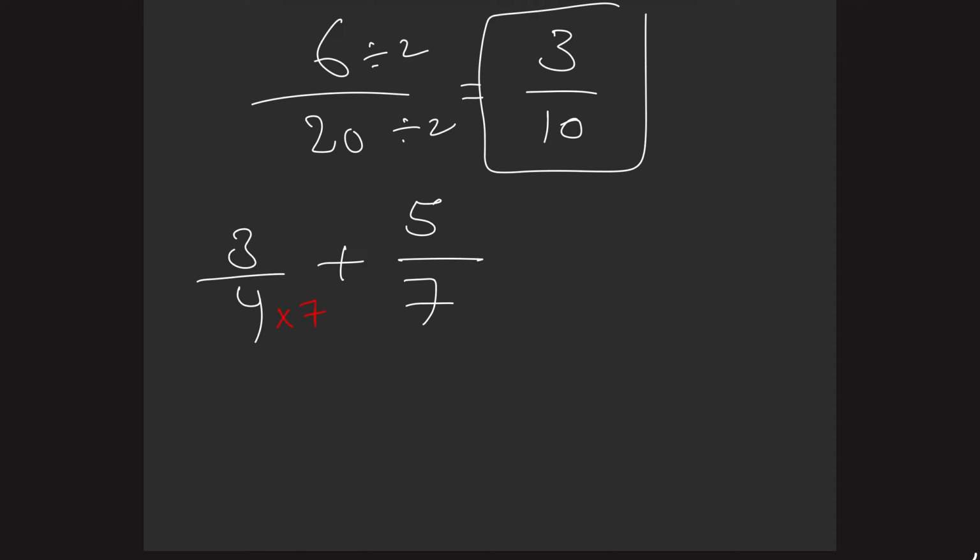And you multiply this by 7, and that by 4, and here by 4, and here by 7. 3 times 7 is 21. 4 times 7 is 28, and 7 times 4 is 28, and 4 times 5 is 20, and all you gotta do is now add. It's gonna be 41/28. If the question asked me to simplify, simplify. If it's not simplifiable, don't simplify it. But it's better to show it as a mixed number using long division like discussed earlier.